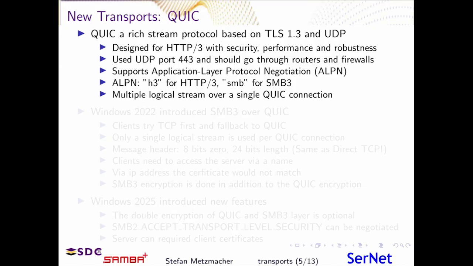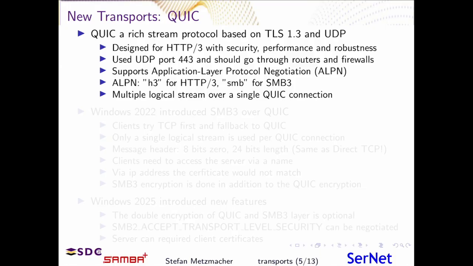In order to go through firewalls, it uses port 443, and so it's very easy to tunnel a lot of things through it. And it supports the application layer protocol negotiation, which is basically a string for the application you want to connect to, more or less like a new port space behind port 443.